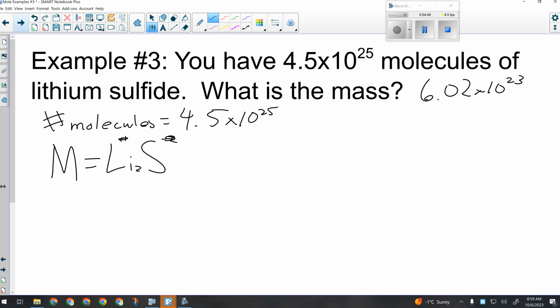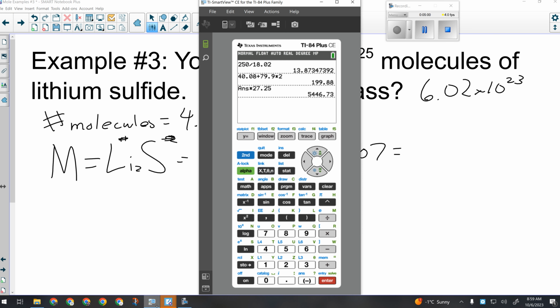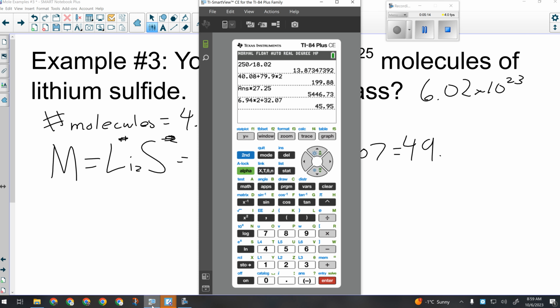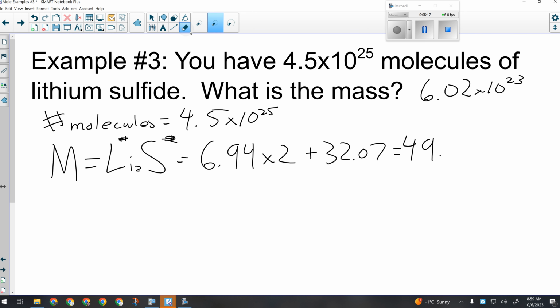So Li2S, 6.94 times 2, that's my 2 lithiums, plus 32.07, my sulfur. 45.95, got backwards. Grams per mole.